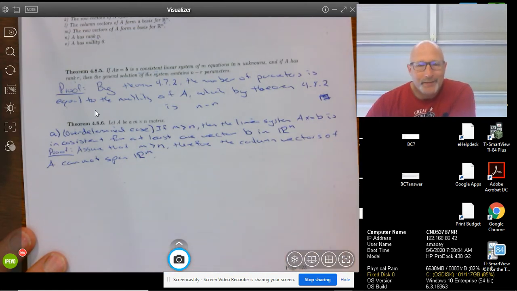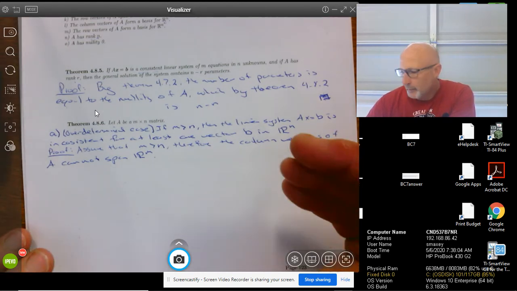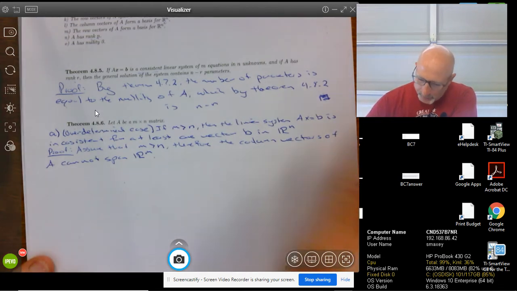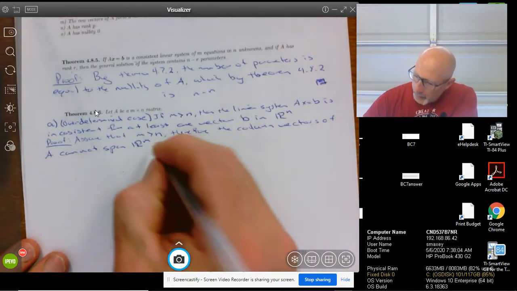All right, you need at least that many to span it. So if you have n vectors trying to span m dimensions where n is less than m, you can't do that. You can't possibly span it. Okay.